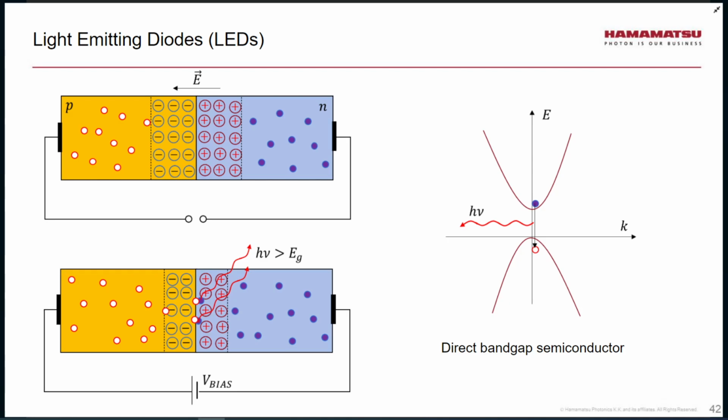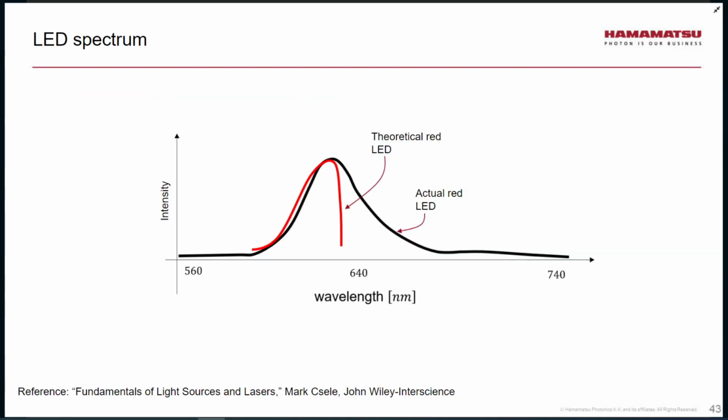And so if I take this diode, which is made of a direct bandgap semiconductor, and I forward bias it, current begins to flow, and primarily in the depletion region, you have recombination of electrons and holes producing light. And thus we have a light emitting diode, or LED.